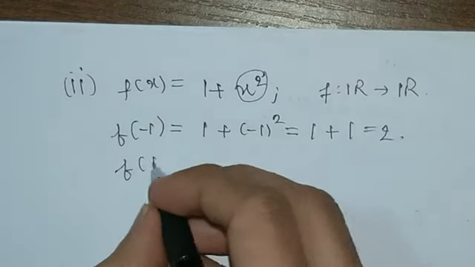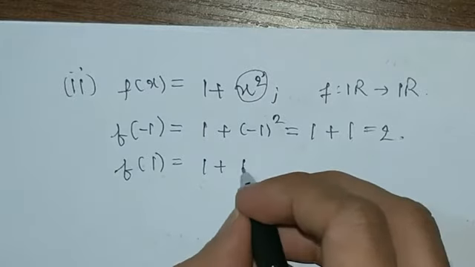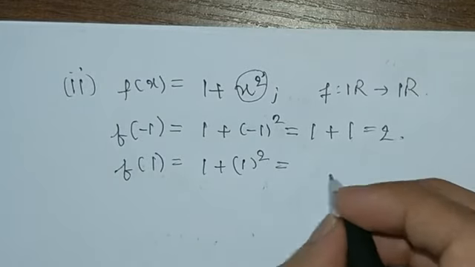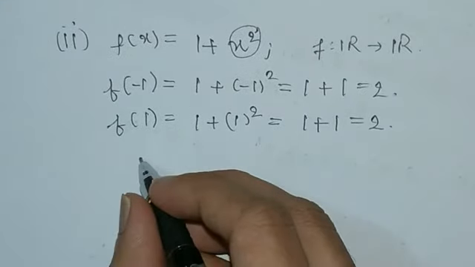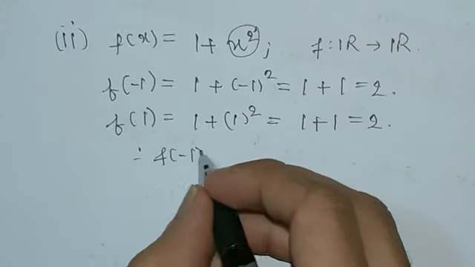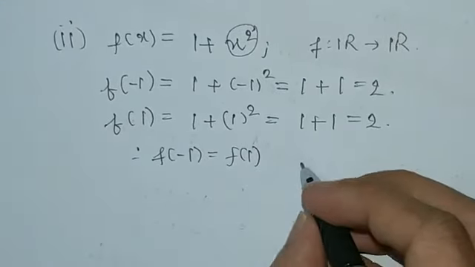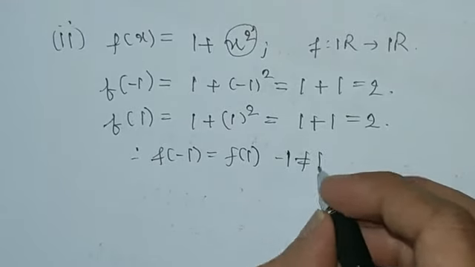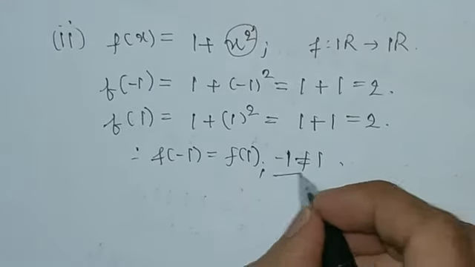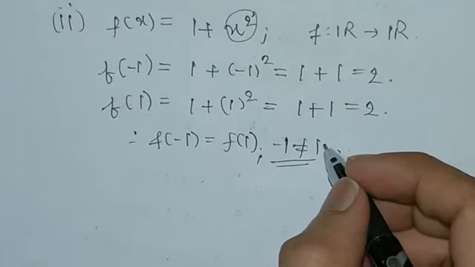And f at 1 is 1 plus 1 whole square, which is 1 plus 1, which is equal to 2. So f at minus 1 is equal to f at 1, and minus 1 is not equal to 1. The two elements are different.